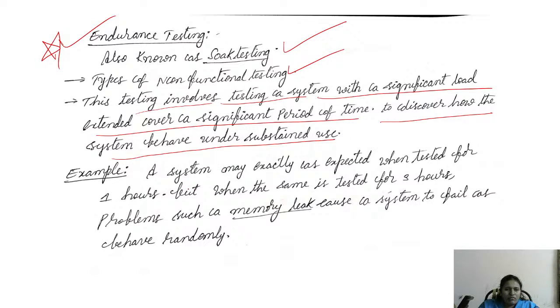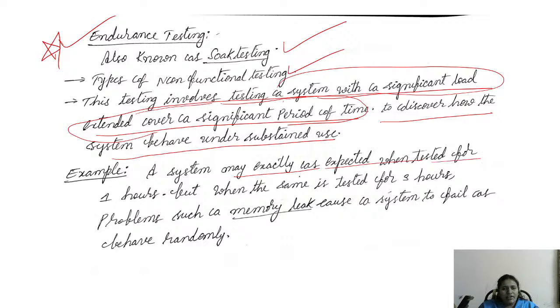Suppose, what does endurance testing mean? Testing a system with a significant load. We have to give some load and extend that over a period of time. A system may work exactly as expected when tested for 1 hour. Suppose we test it for 1 hour, and it is working fine.